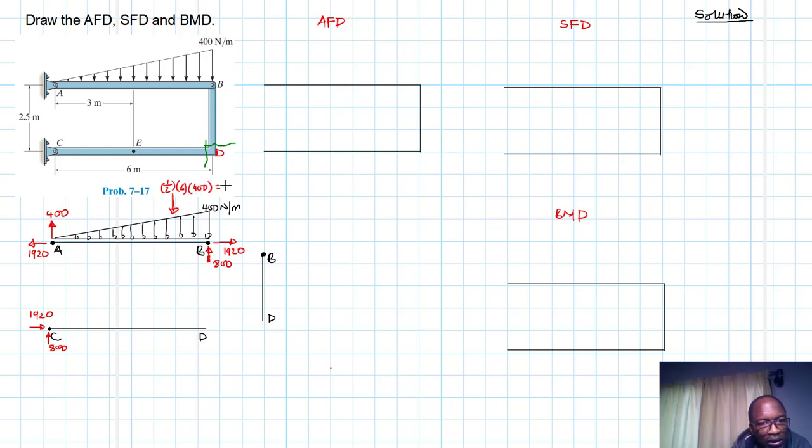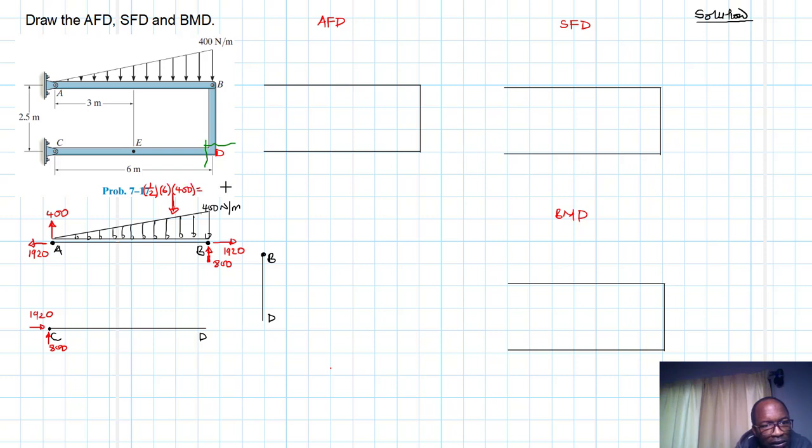This gives us 1200 newtons. Great. It has taken a lot of space on the other side, so let me start it from the back. Half times 6 times 400.